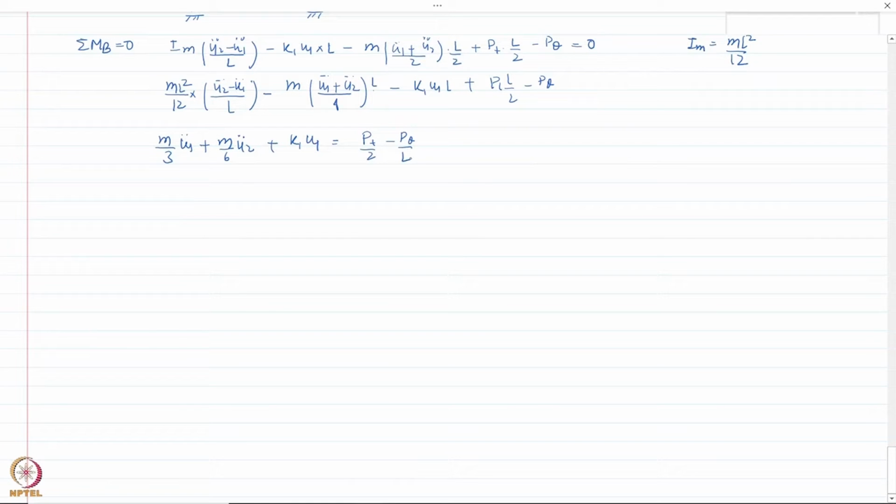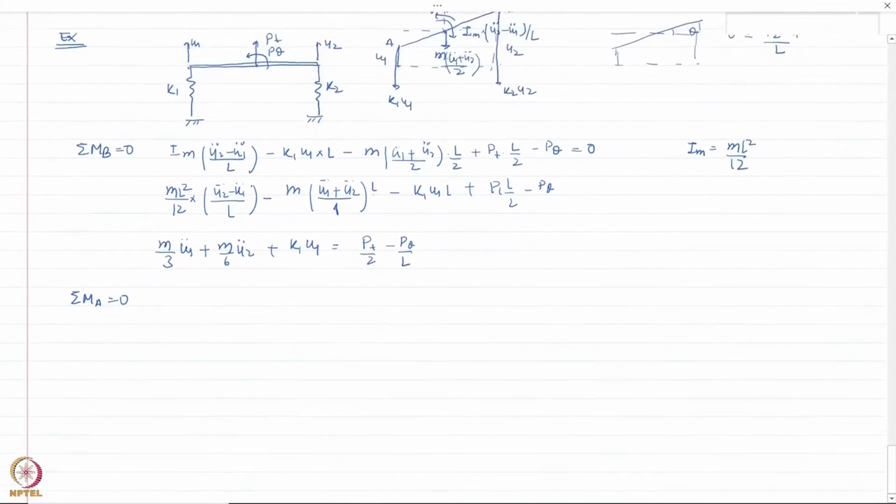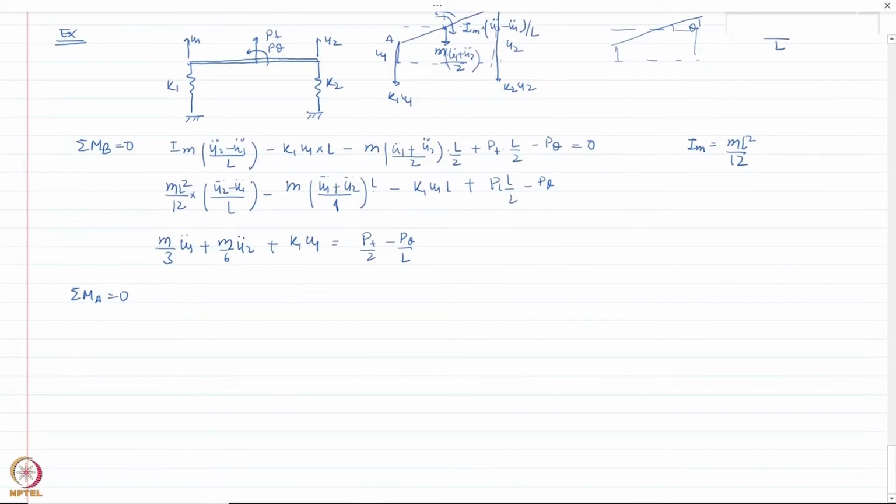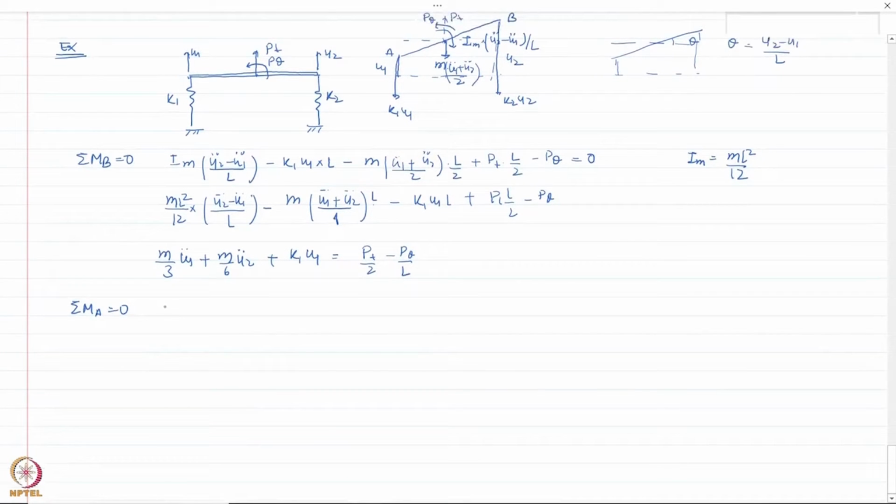Similarly, what I'm going to do here is write down the equation of motion, summation of moments equal to 0, about point A. Okay, and let us write that down. So it will have Im, which is basically again Im times (u2 minus u1) divided by L plus m times (u1 plus u2) divided by 2 times L by 2, both clockwise.